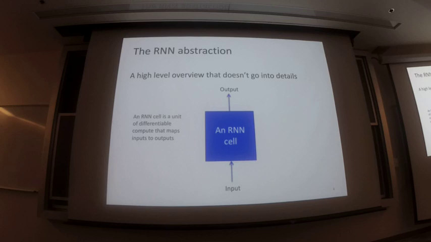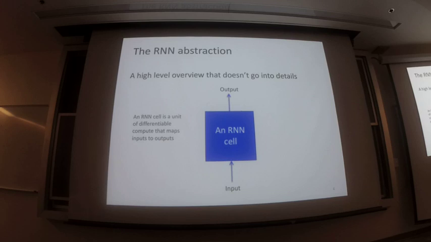So in a nutshell, if you don't know anything about RNNs, you could just think of an RNN as a network composed of RNN cells, just many of them repeated, stacked side by side, right?